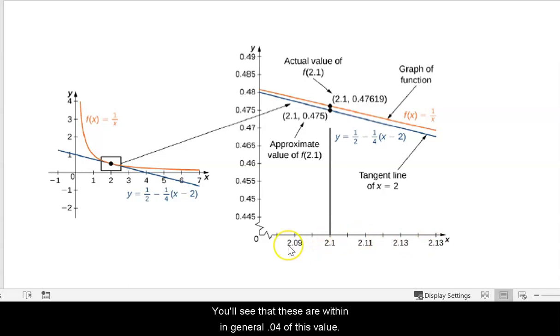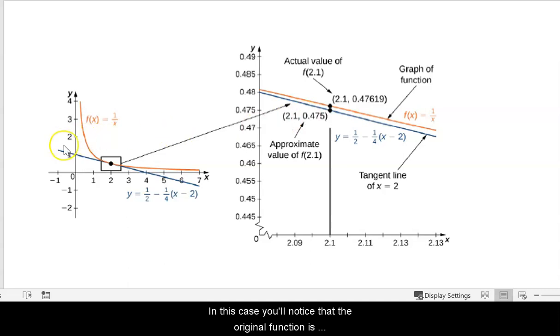You'll see that these are within, in general, 0.04 of this value. That's quite close. But as long as we're there, I can approximate the value on the function in orange with the value on the tangent line in blue, and they'll be relatively close. This is the linear approximation function.